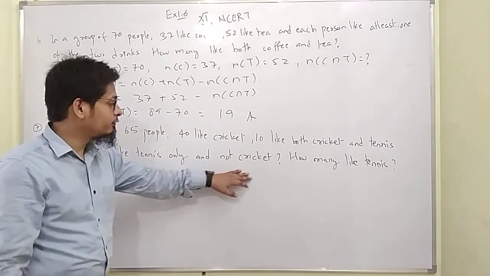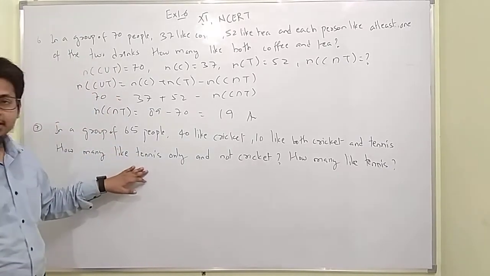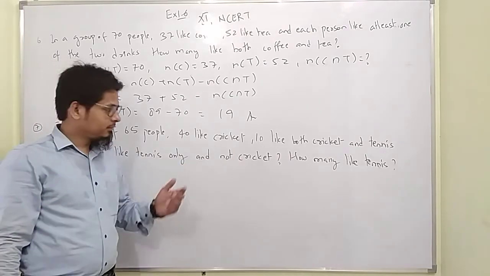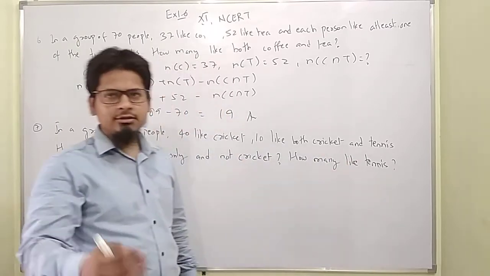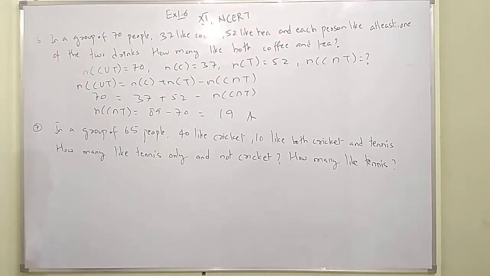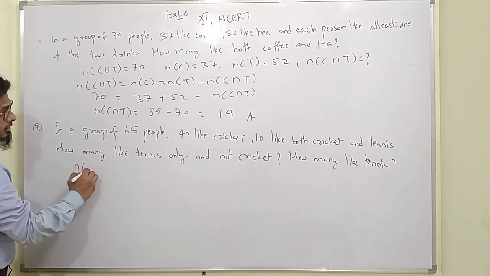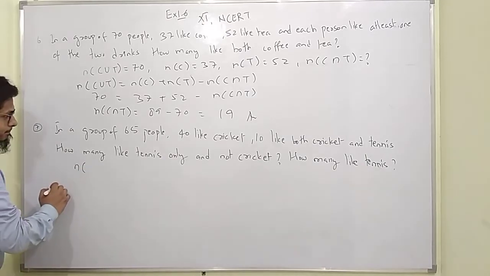Firstly, we should know the expression for this statement, like tennis only but not cricket. That I'll also tell you. And how many like tennis, that is n(T). So I am writing T for tennis and C for cricket here.